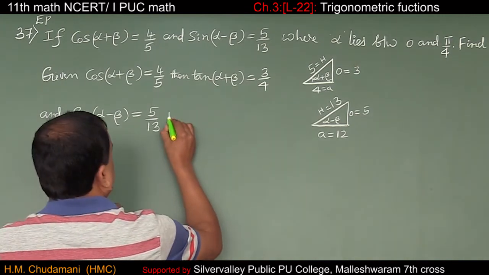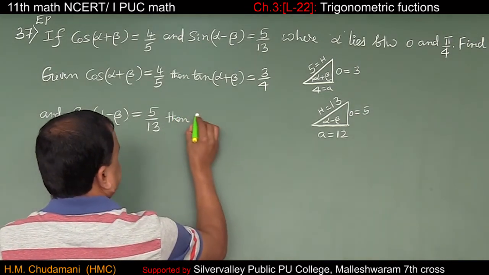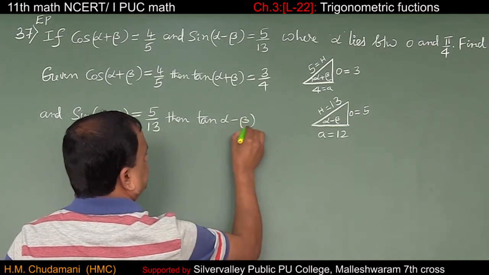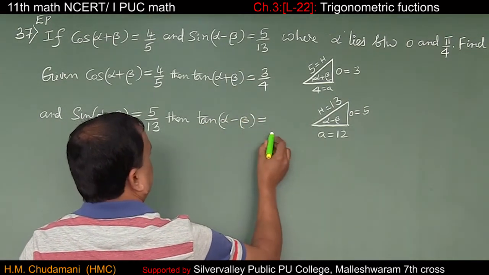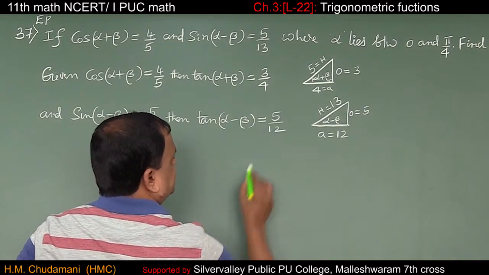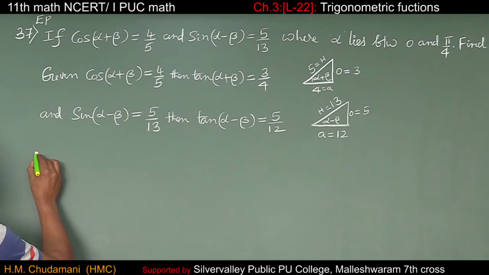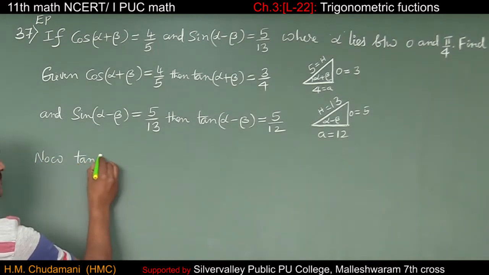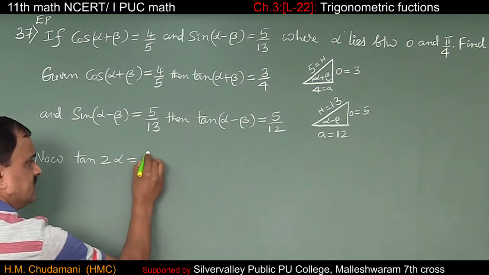So then tan of alpha minus beta is equal to opposite side divided by adjacent side. Now observe, tan 2 alpha we want. It's a beautiful problem actually.